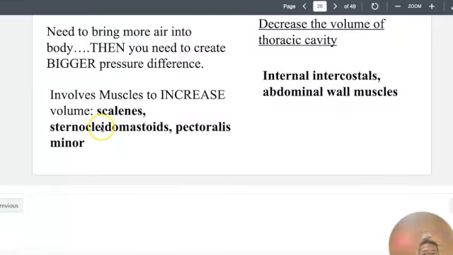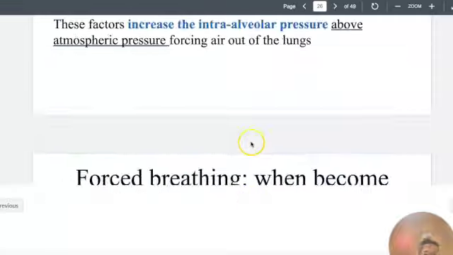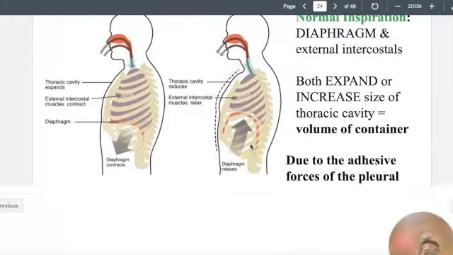Remember these muscles. Forced expiration: if you breathe out and force the rest of the air out, you're going to need the internal intercostals and the abdominal wall muscles. Again, remember them. And remember the external intercostals are for normal breathing.